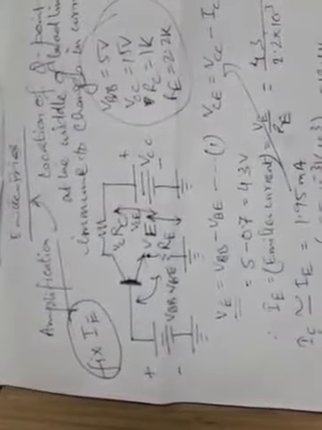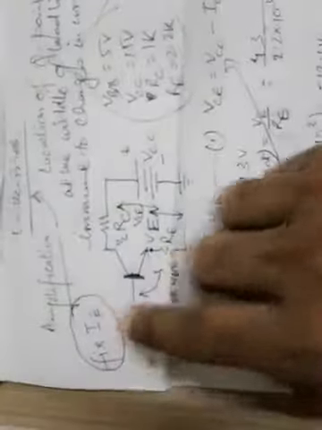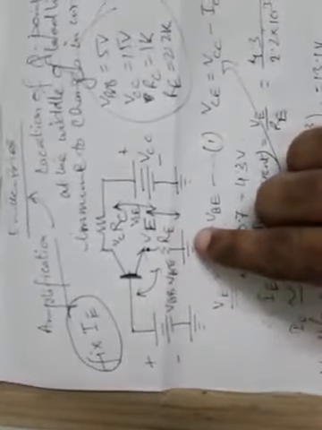So the property of the emitter biasing circuit is that you need to fix the emitter current IE, unlike the fixing of base current IB for the base bias circuit. So what is the basic difference between the two biasing methods? In emitter bias you need to fix IE, in base bias you need to fix IB. Here, how are we fixing IE?